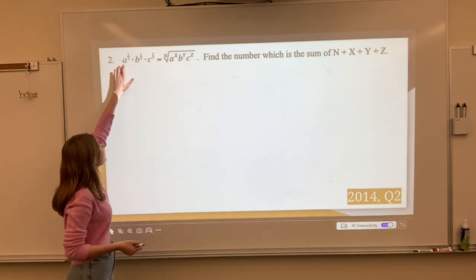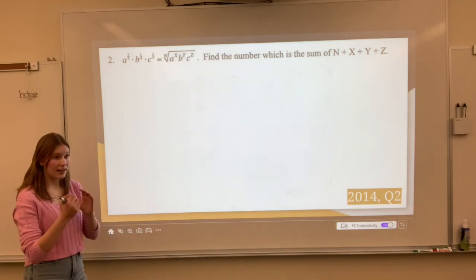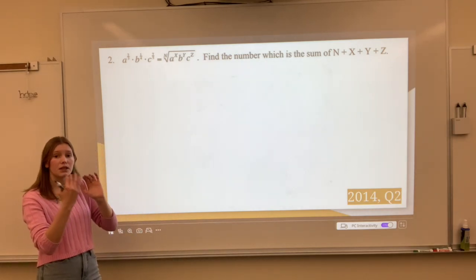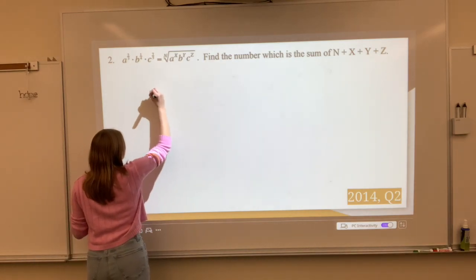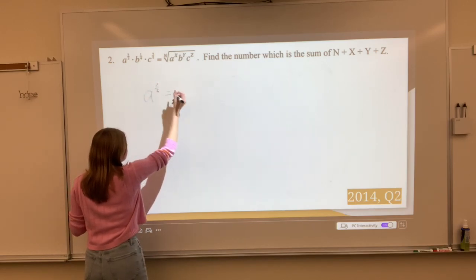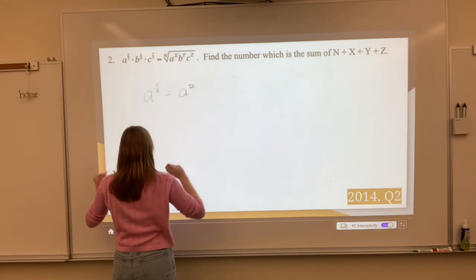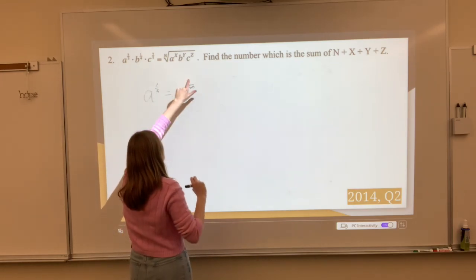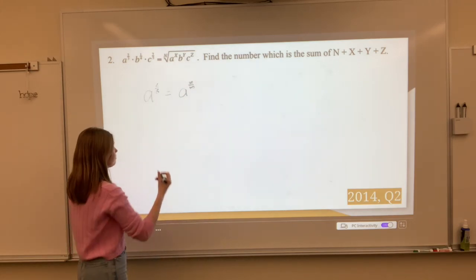So let's rewrite all of these numbers with the denominator of the exponent being equal to 60. So we have a to the 2/3. And if we're trying to get that to be a raised to something over 60, well, 3 times 20, 2 times 20, so we get a to the 40 over 60.